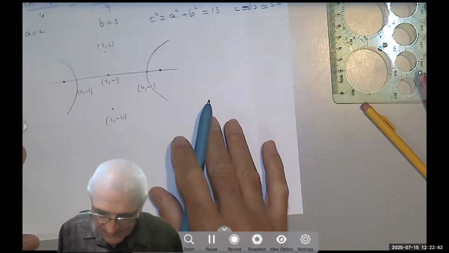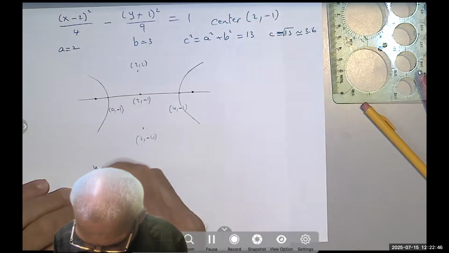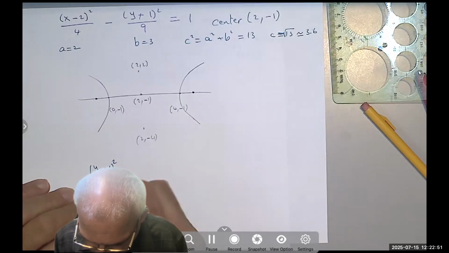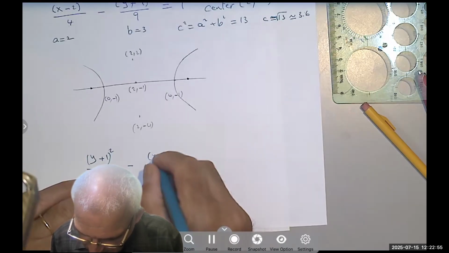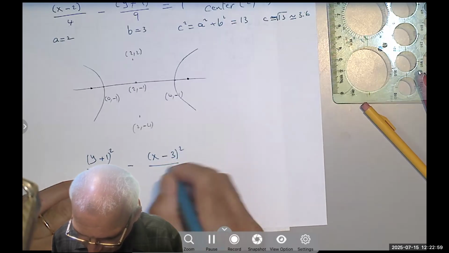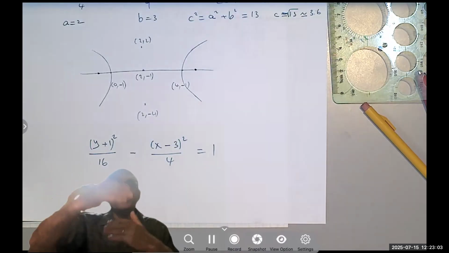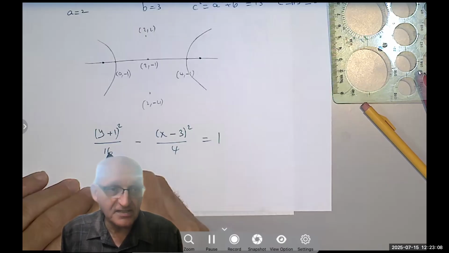Let's take another one. So let's say, let's make the y the positive. So y plus 1 squared over 16 minus x minus 3 squared over 4 equals 1. So in this case, this one is opening up and down. A here is always the positive, okay?